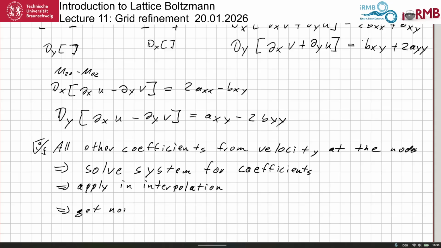And then for the non-equilibrium parts, well, the non-equilibrium part, you simply do the inverse. The non-equilibrium populations you get from the derivatives. Again, this is not the only possibility. You can also use a linear interpolation of the non-equilibrium part and then do the rescaling on this.